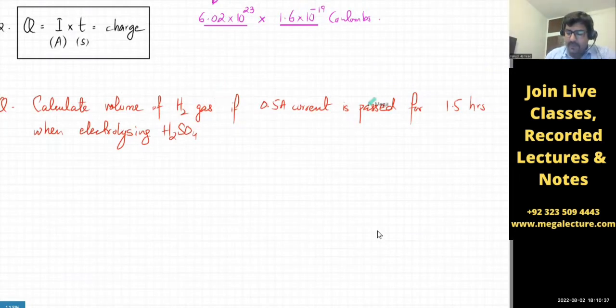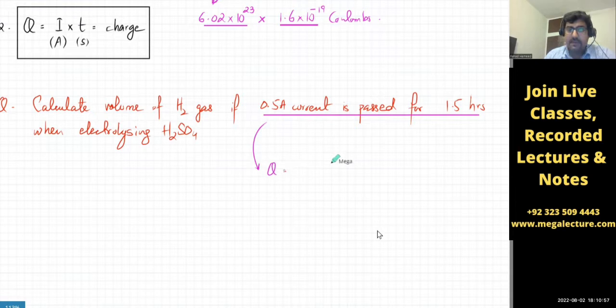As the first thing, how would you calculate the volume of H2 gas at RTP? Remember, this is at RTP. You're given the time and the current, so you can figure out the charge. Q is equal to IT, current into time.